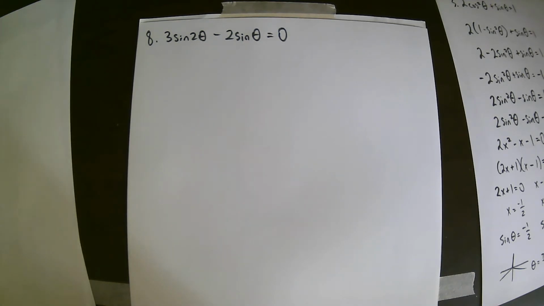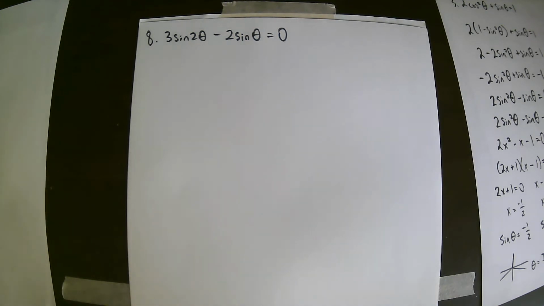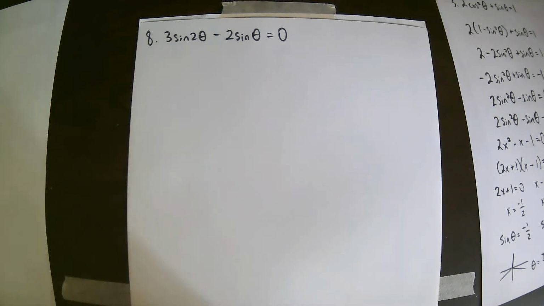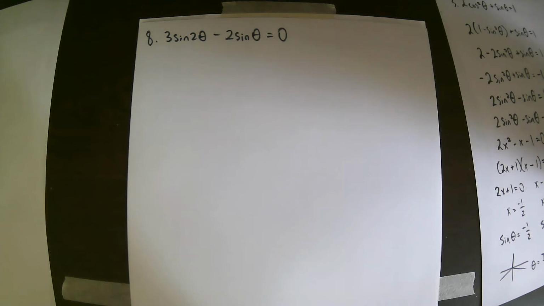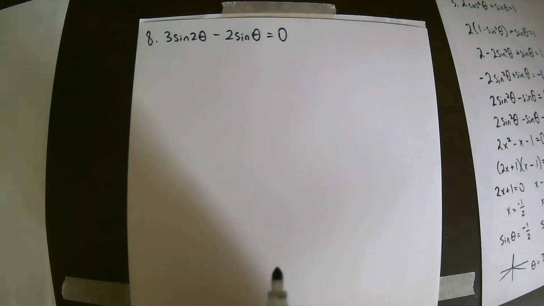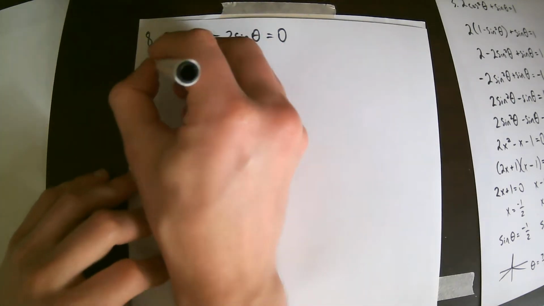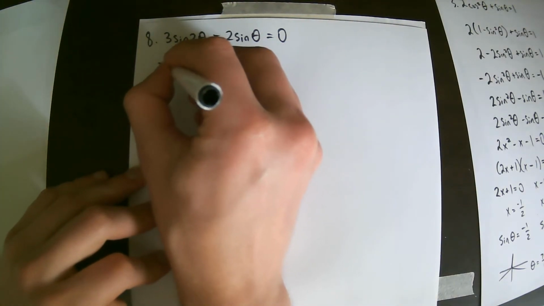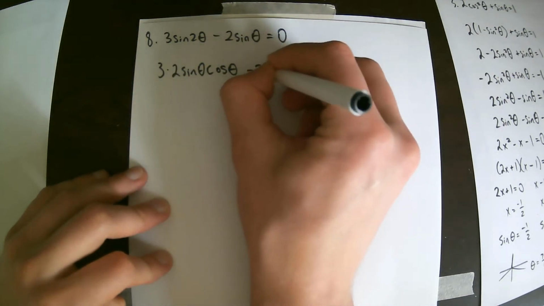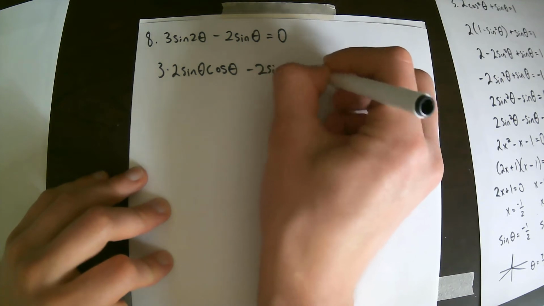So we need to use the double angle formula here, which is going to be 2 times sine theta cosine theta, so 3 times 2 sine theta cosine theta minus 2 sine theta equals 0.